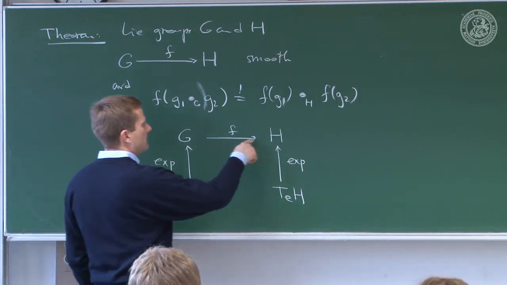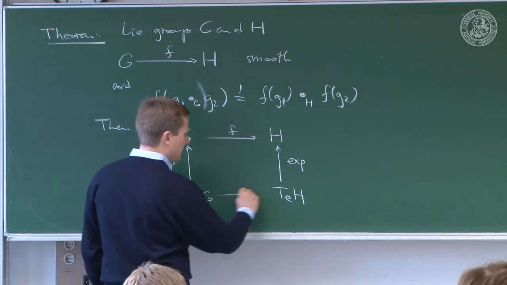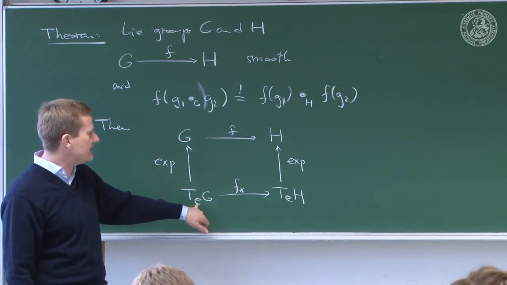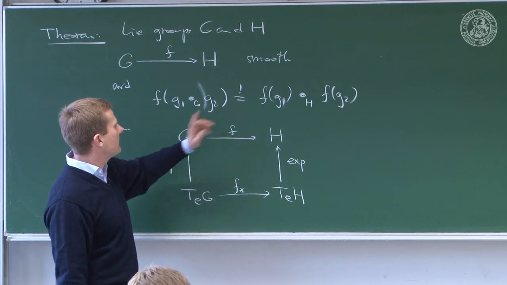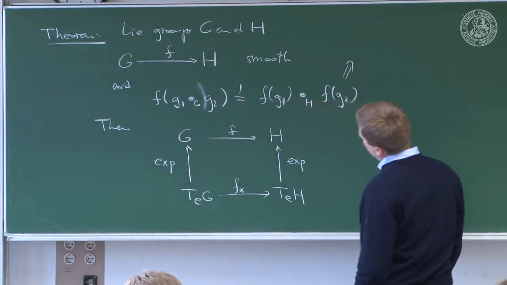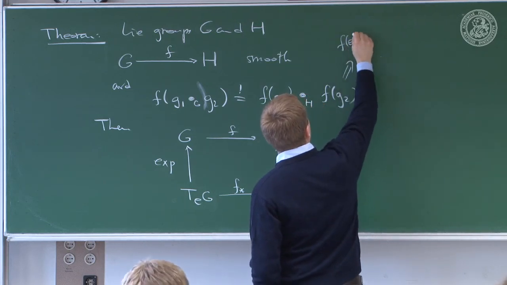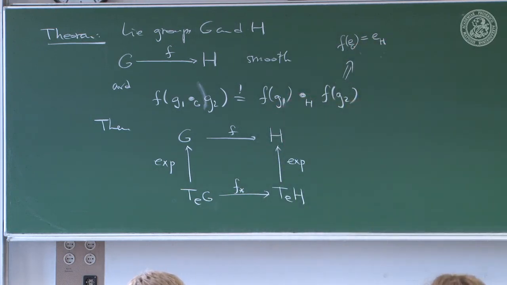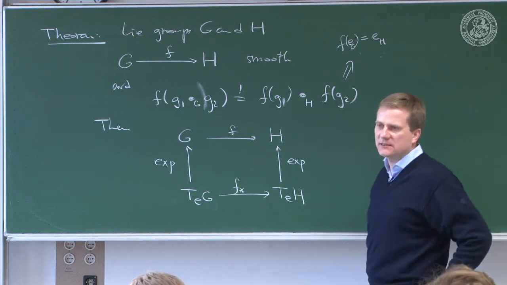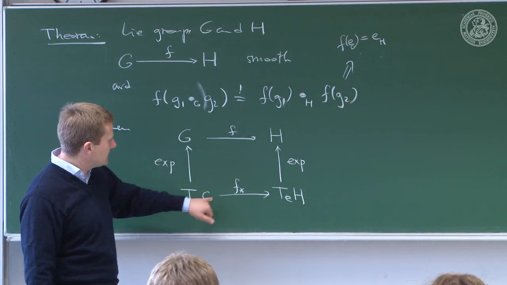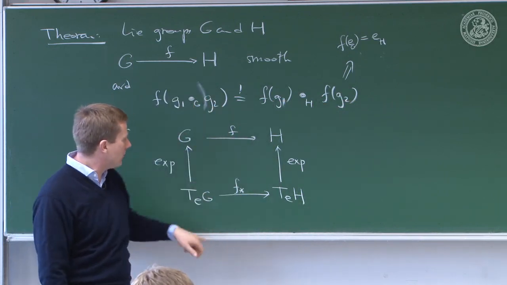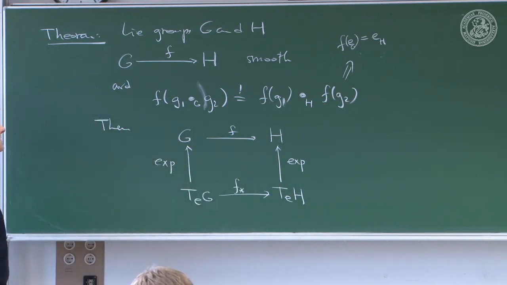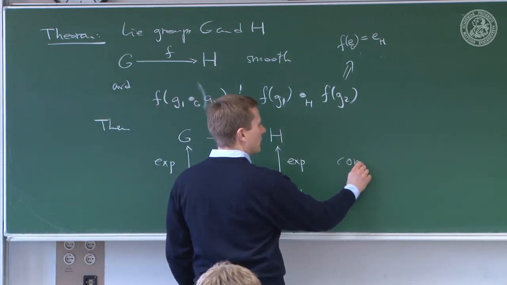And if you have a group homomorphism from G to H, you can check that the push forward that's associated with it really takes you from TEG to TEH, and that is because a particular implication of having a group homomorphism is that F takes the identity and maps it to the identity. So the identity in G is being mapped to the identity in H. That follows from the group homomorphism property here. That's not difficult to show. And so indeed, the push forward of a Lie group homomorphism really maps you from one Lie algebra into the other. And then the statement of the theorem is that this diagram commutes.